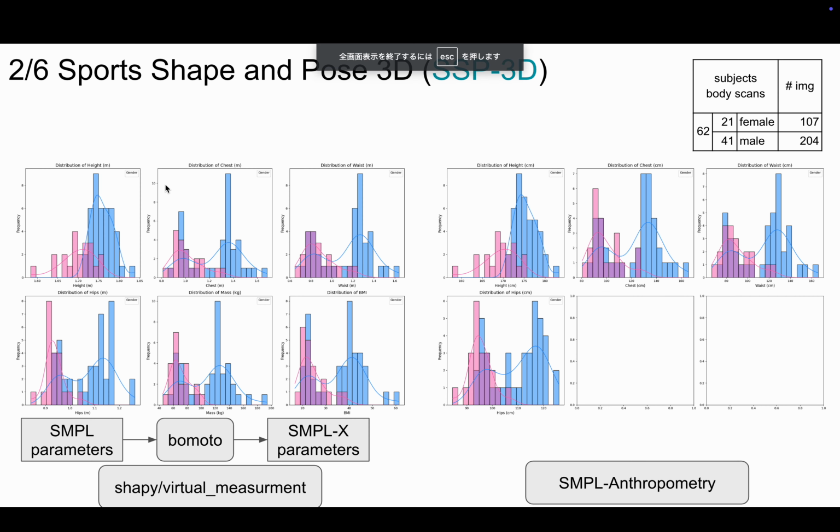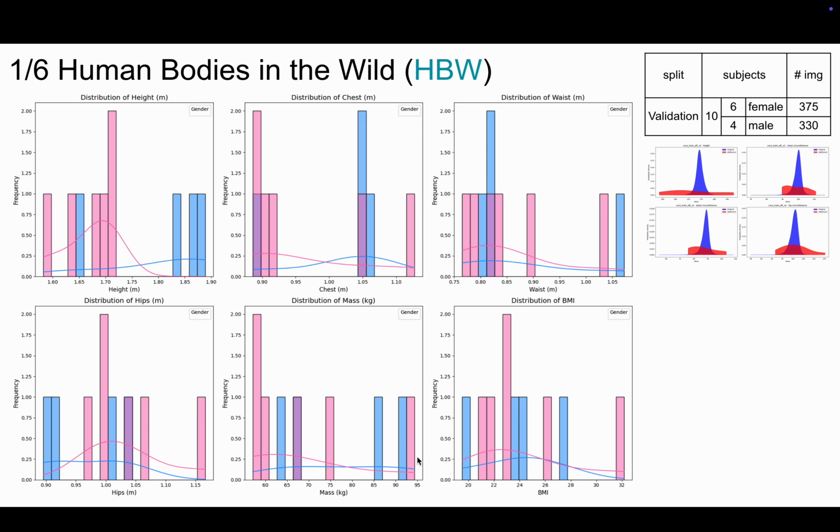For SSP-3D, we can see that they also have a wide range of BMI, ranging from almost 18 to 60. That's a really wide range and even wider than the distribution of HBW.